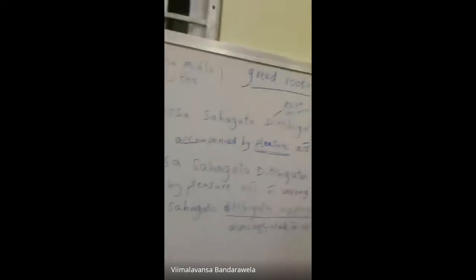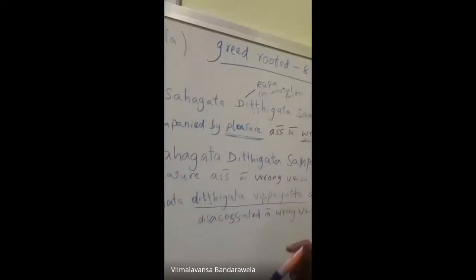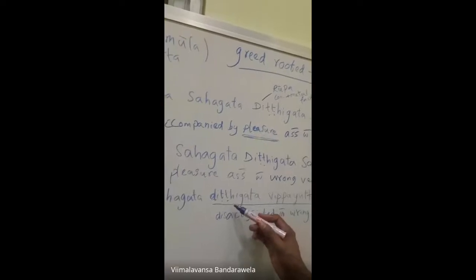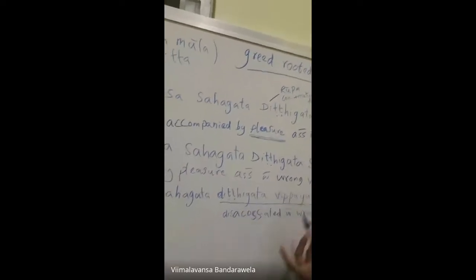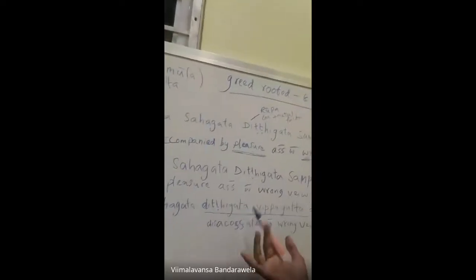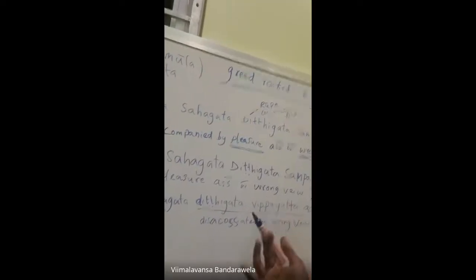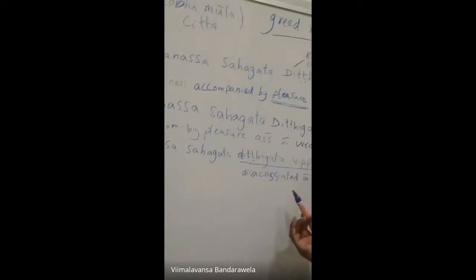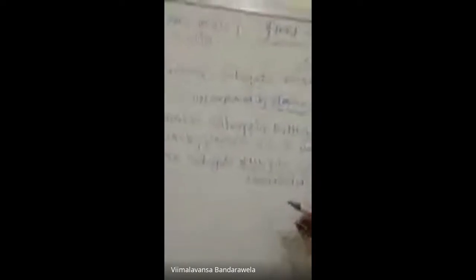Okay, third consciousness. So, for example, when you have Ditthigata Vipayutta, you have no micha ditti, that is, wrong view. If you don't have micha ditti, then the consciousness is associated with mana.